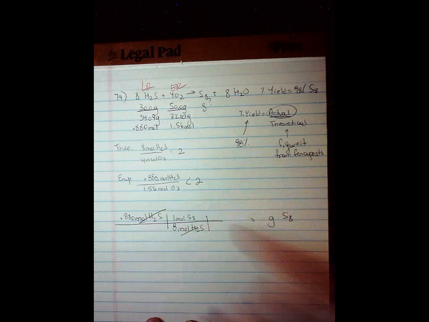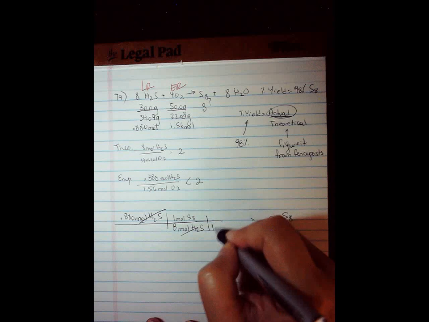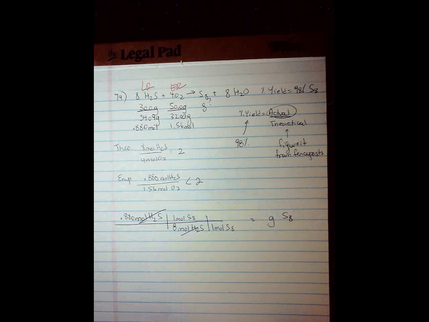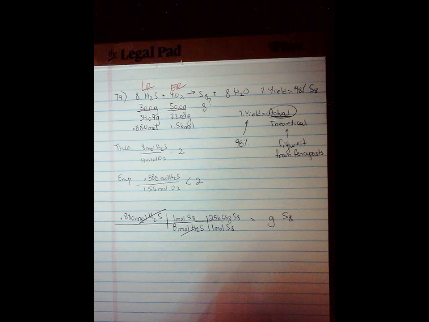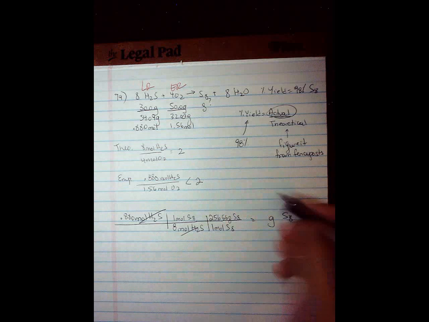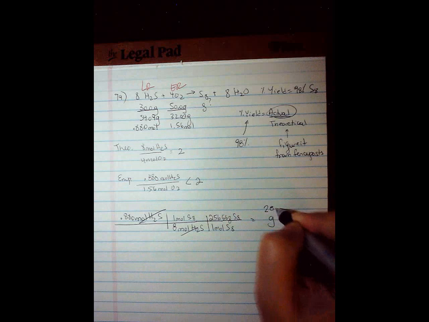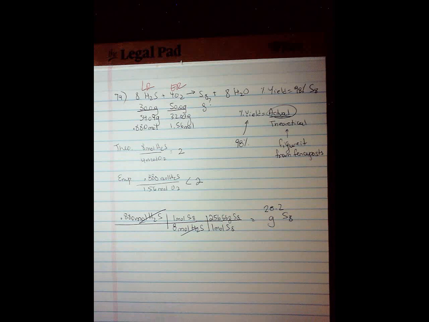And I don't need that value in moles, I need it in grams. 1 mole of S8, let's see, 32.07 times 8 weighs 256.56 grams. So I calculate that I should be making 28.2 grams of S8.